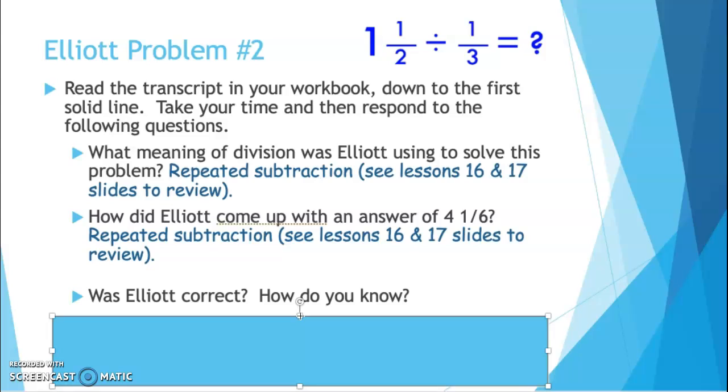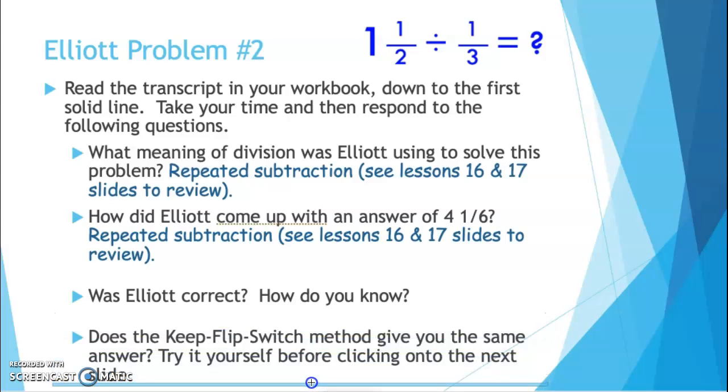And how would you know this? Hit pause and think about that for a minute. Finally, does the keep, flip, switch method give you the same answer? Okay, now I want you to hit pause and on a piece of paper, write down the problem too and try the keep, flip, switch method for yourself.